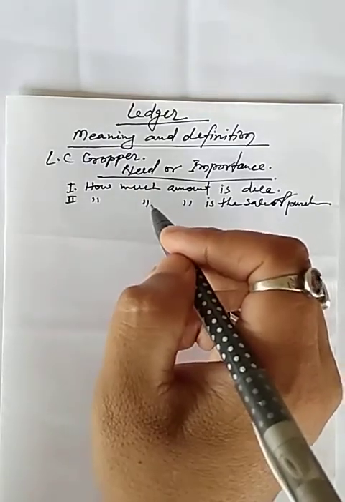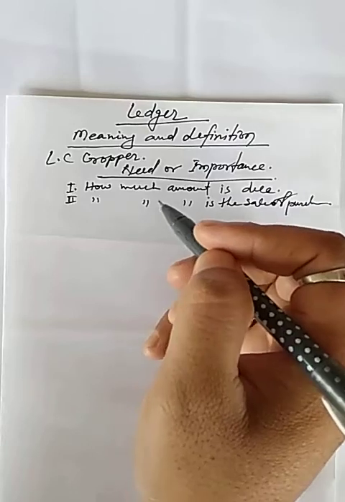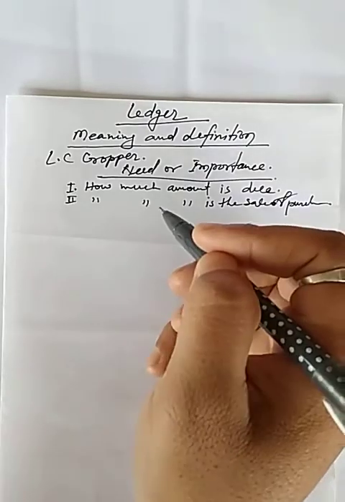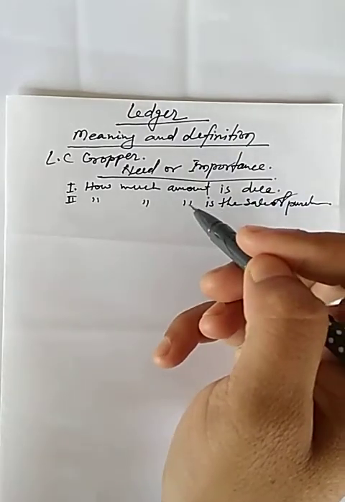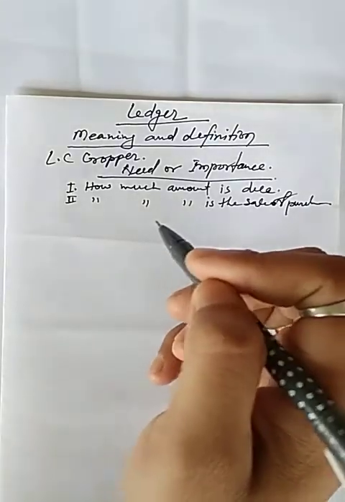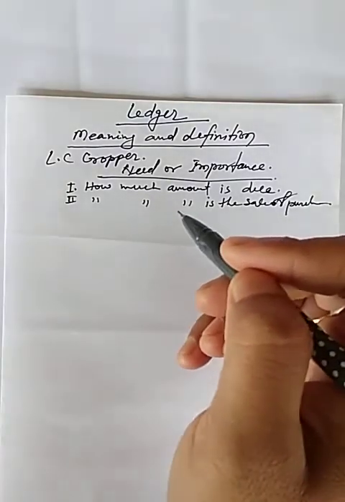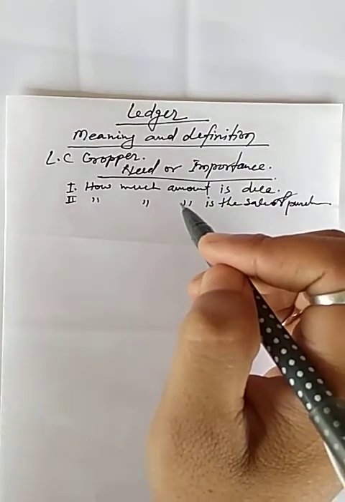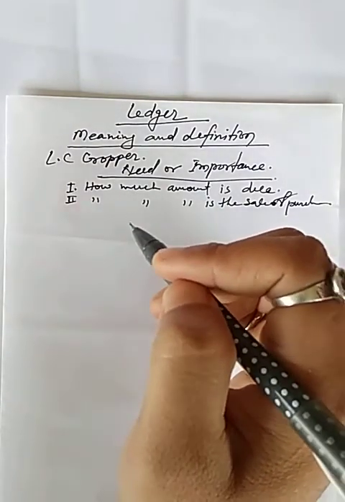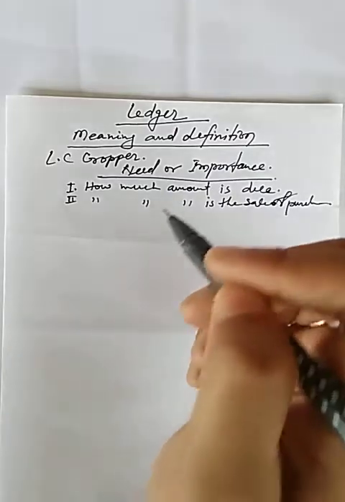How much amount has been spent on each head of expenditure, and how much amount has been earned on account of each head of income.